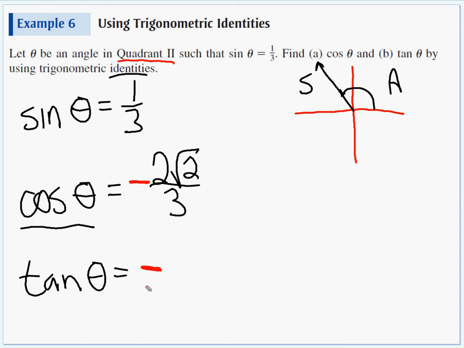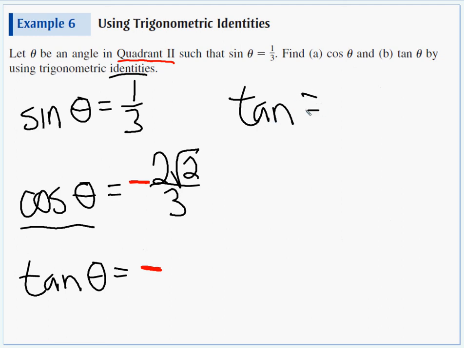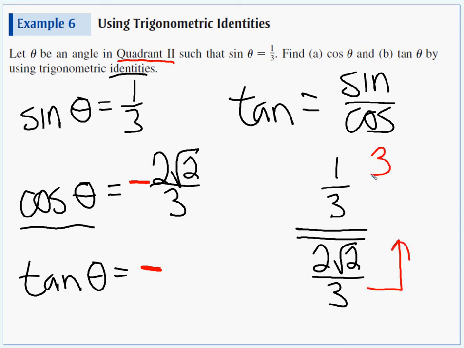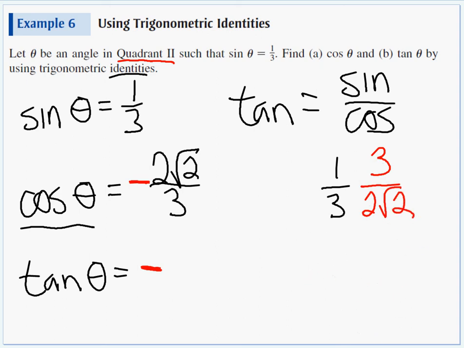Now the last one, we already know tan's going to be negative, and tangent is the same as sine over cosine. So my sine is 1/3. I'm going to divide that by 2 root 2 over 3. And of course, if we're dividing two fractions, we're going to bring it up, flip it, and multiply. So now that's 3 over 2 roots of 2. And I'm sure you see on the diagonal, we're going to have a cancellation of the 3's.